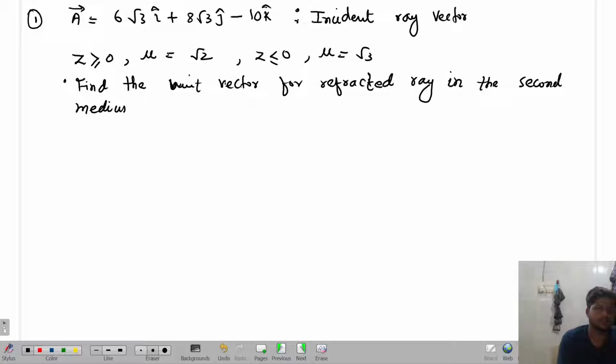Can you do it? Easy? Yes or no? Try to do it. Do it fast. Do not take more time. The incident ray vector is mentioned. Now, one thing I am also mentioning, that the interface is lying in the xy plane.